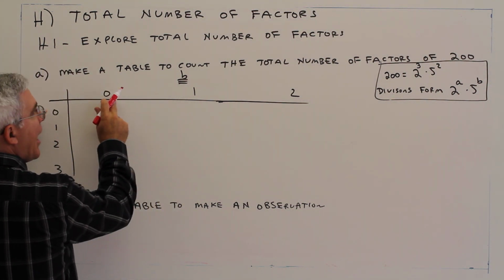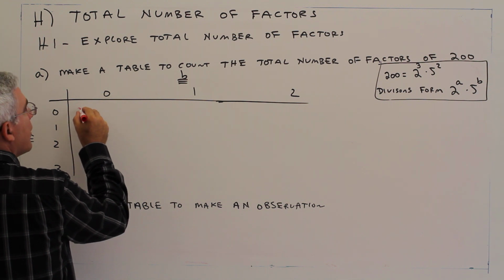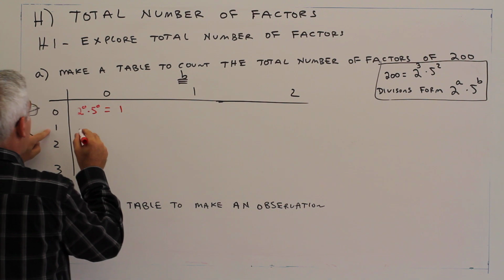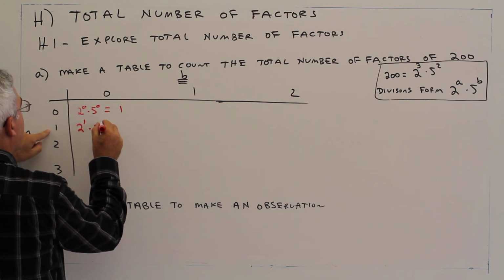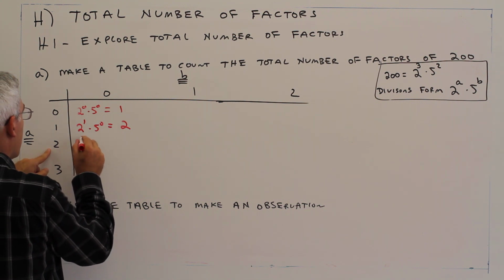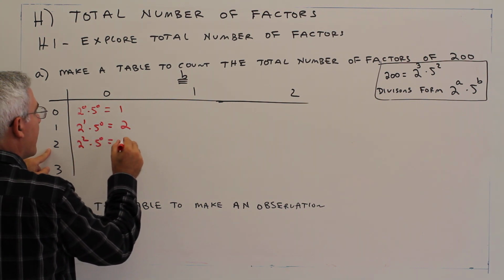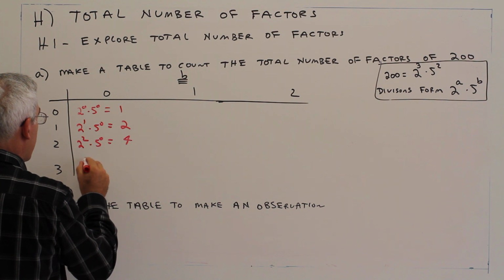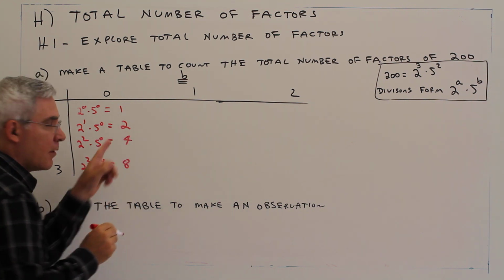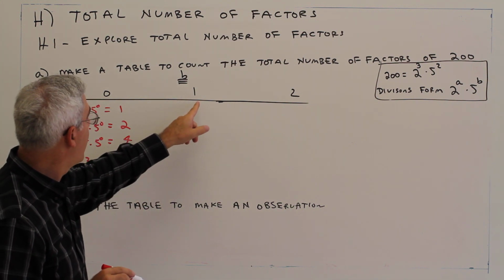So a and b both being 0, 2 to the 0 times 5 to the 0 is 1. 2 to the 1 times 5 to the 0 is 2. 2 squared times 5 to the 0 is 4. 2 cubed times 5 to the 0 is 8. So I've got those divisors there.